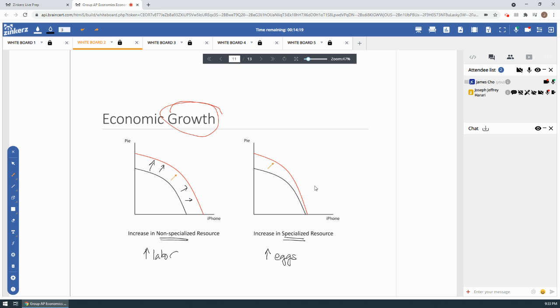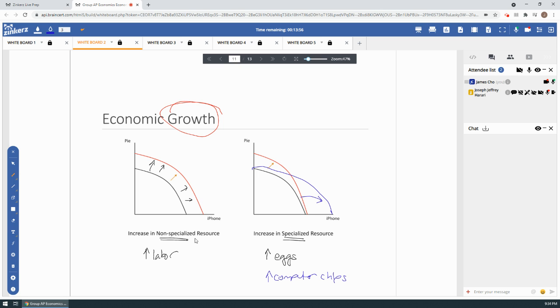And of course, we could do it the other way as well. Let's say I increase my computer chips. That really does nothing for my pie production, but it really helps me produce more iPhones. In that case, my PPF curve would have rotated this way.